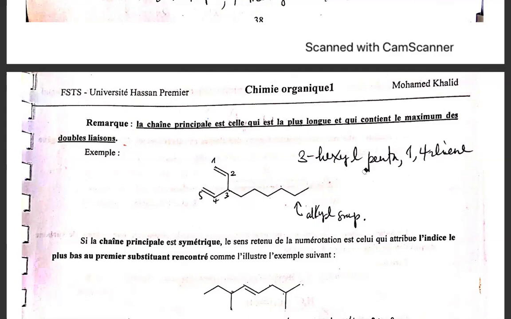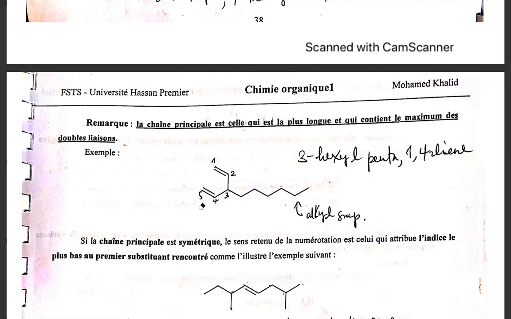So we are done with the main chain, which is made up of the prefix, that is 5 carbon atoms, and the positions of the double bonds with the multiplication factor di and with the suffix ene to show that it comes from the family of alkenes.